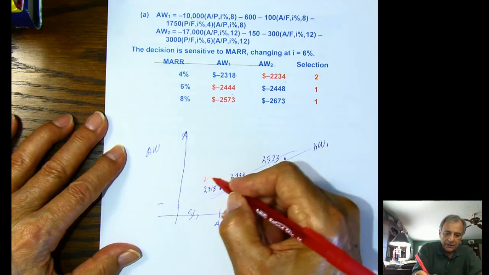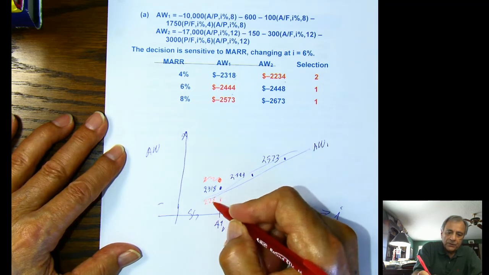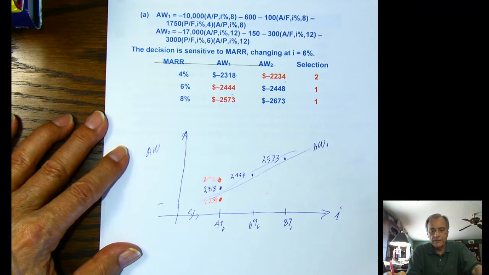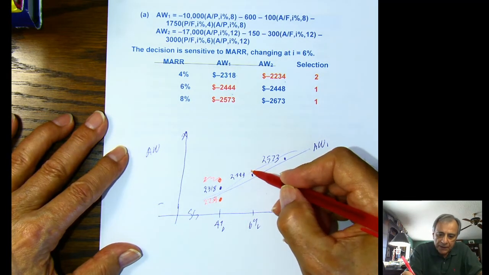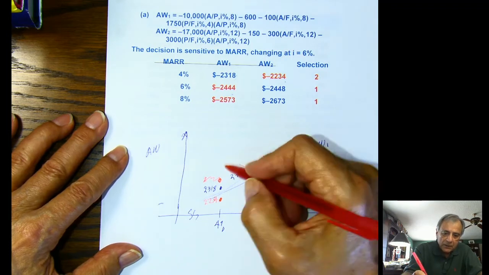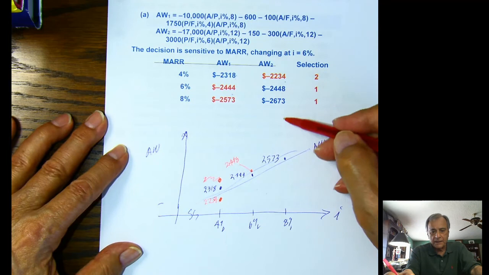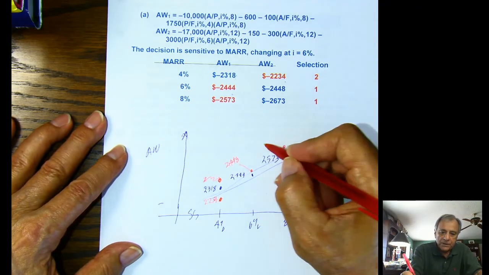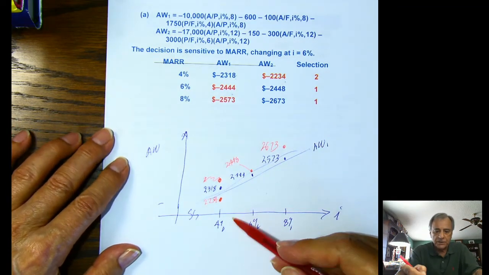What am I talking about? 2234. This is system 2. But then this one is just barely higher, 2448 at 6%, and then at 8% it's quite a bit higher. It's up here at 2673.